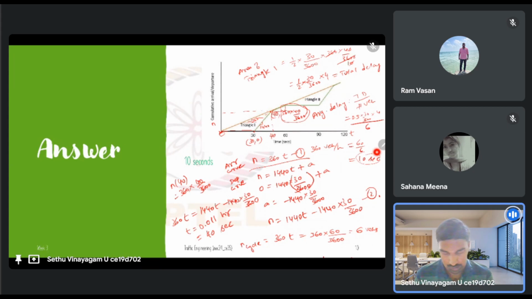That is basically, in our case, in one cycle, so in 60 seconds, the number of vehicles, this is our n cycle, that have come. We can calculate that from the arrival curve. So using the total delay and the number of vehicles, we can calculate the average delay, right? That's all that we have done here. Okay, so if there is no doubt, we can move on to the next question.